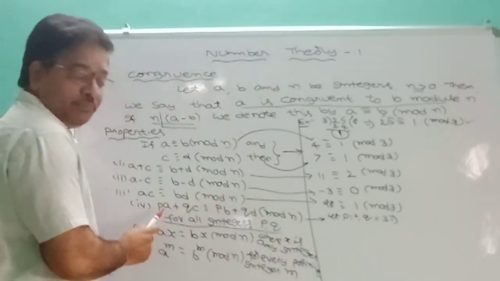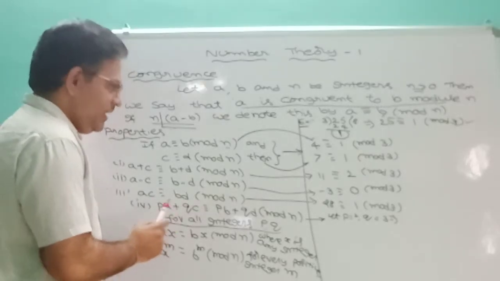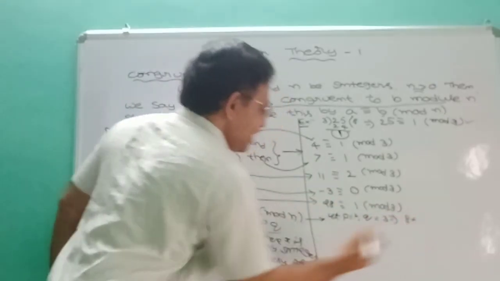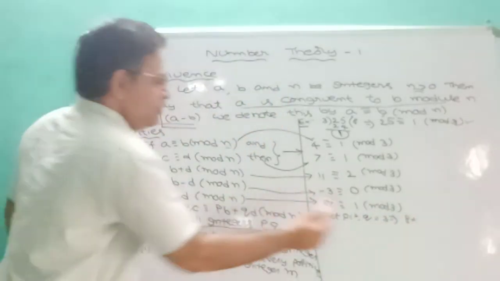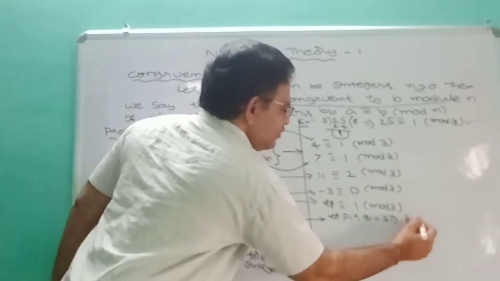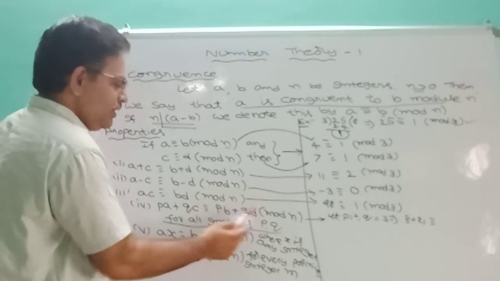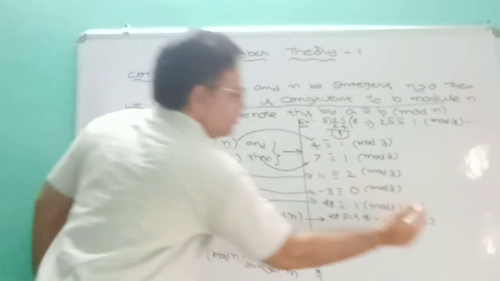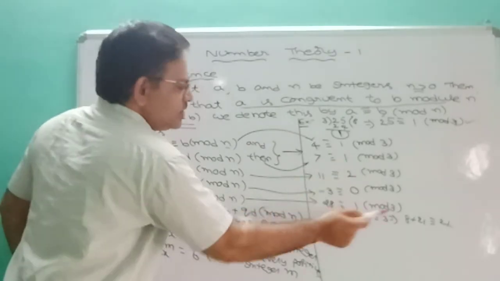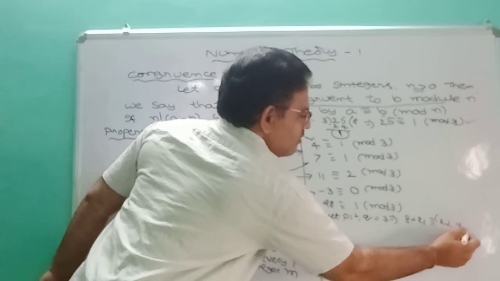For proving purposes, pa is 2 times 4, 8, plus qc, where q is 3 and c is 7, 3 times 7 is 21. This is congruent to pb plus qd: 2 times 1, 2, plus 3 times 1, 3, mod 3.